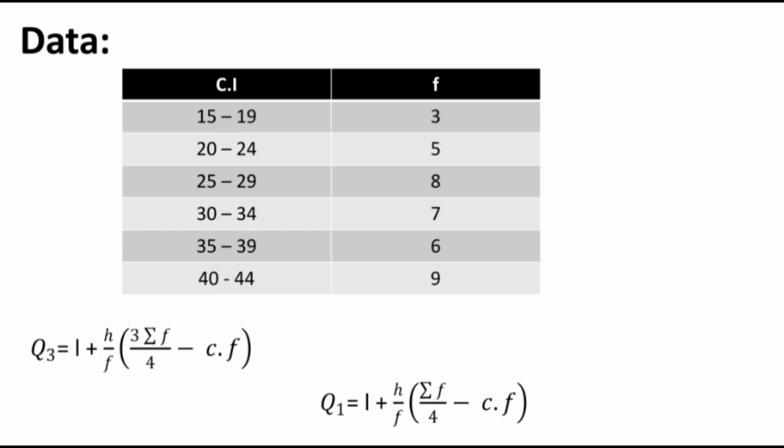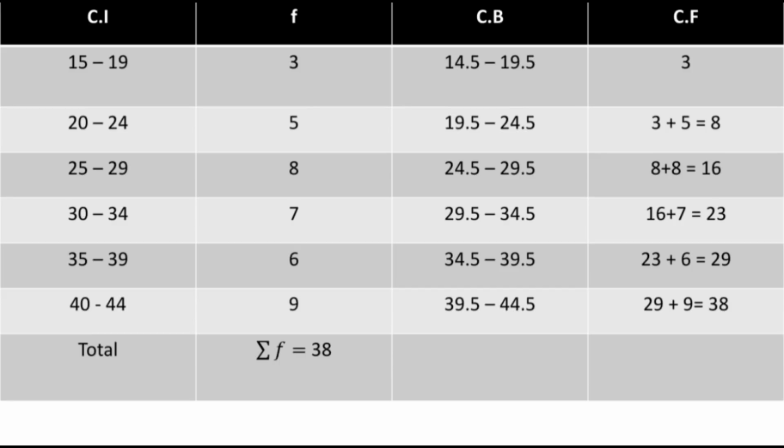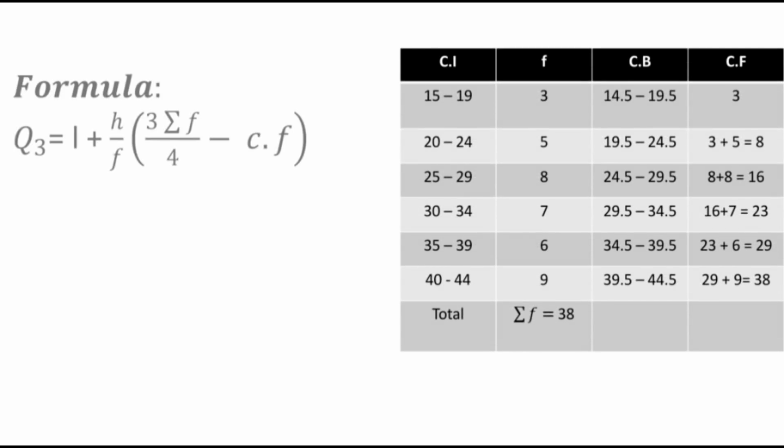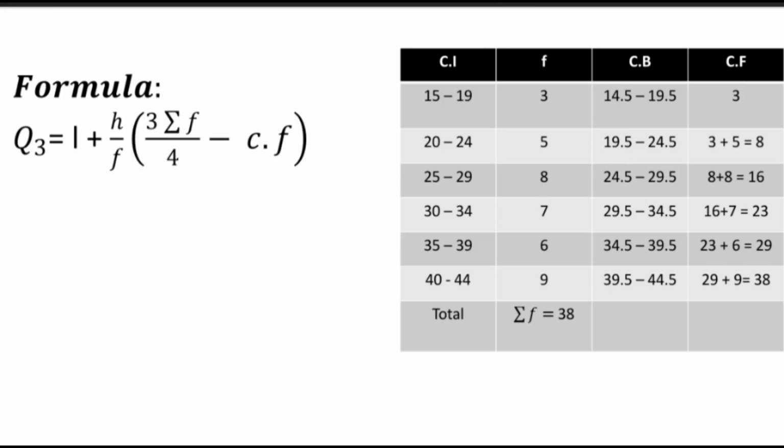Students, in my previous lecture I have explained how to find out the class boundaries and cumulative frequency. So I have directly constructed these two columns, and now we will go towards calculating the value of Q3.